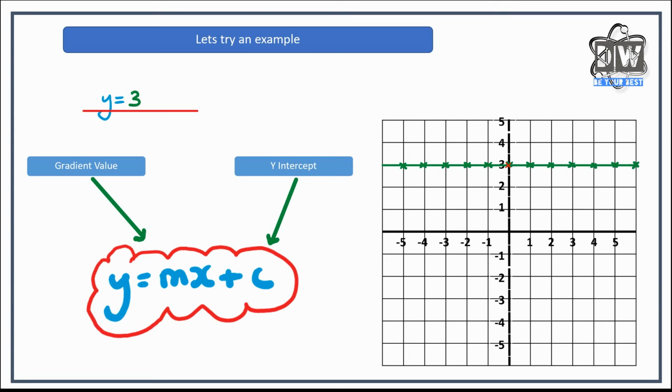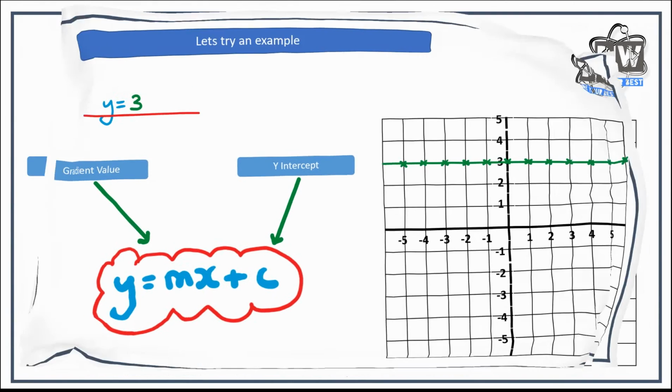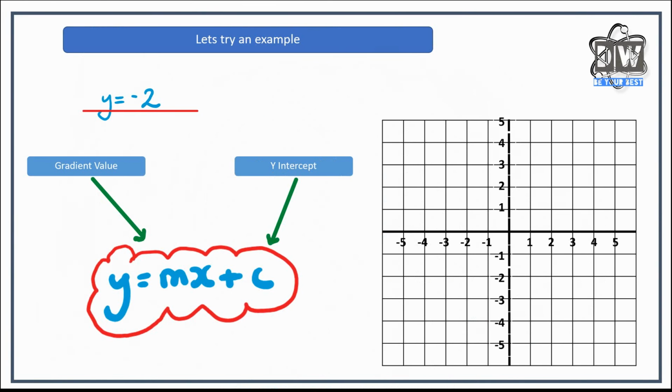Now, that's really, really simple, but where people sometimes go wrong is they draw the wrong line. Just remember, your y value is always going to be 3 on this particular question, so therefore it's a straight line cutting the y-axis at 3. It's flat as a pancake. So let's have another go at this one.